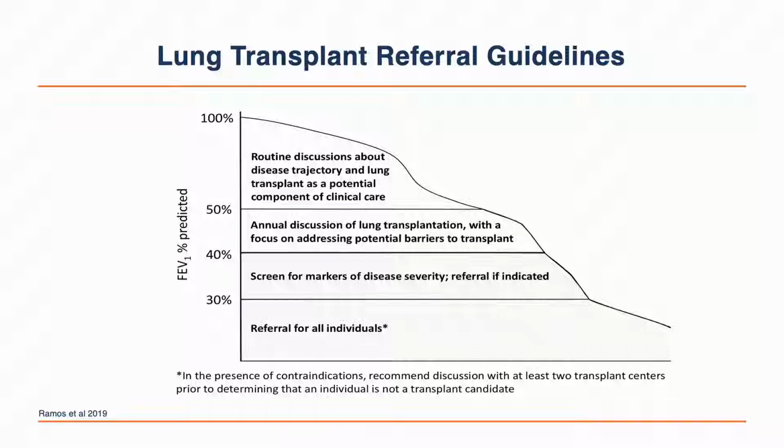treatment option. So when individuals have pretty good lung function, that is greater than 50%, less than 100% of normal, we think about discussing on an annual basis how things are going in general. Has lung function been preserved or is it sliding? And at least introduce the concept of transplant as an element of clinical care. When patients get below 50% of normal lung function, we think it's important to discuss lung transplant on an annual basis with a focus on thinking about what the barriers might be to transplant.